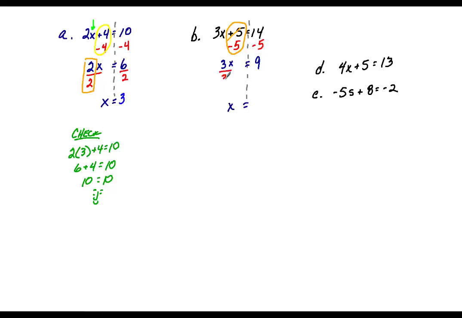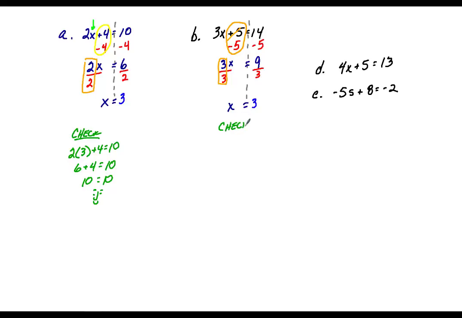Next, I'm going to divide by 3. When I divide by 3, I get a 1 right here. That's great, because 1 times x is x. That's what I want. And I get a 3 right here. So I'm saying x is 3. Looks like 3 is a popular value for x here.